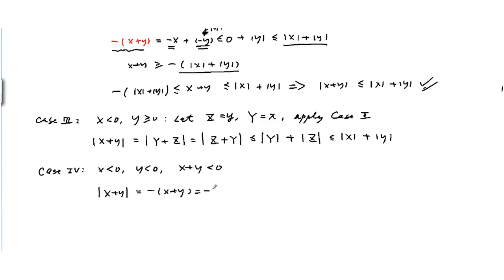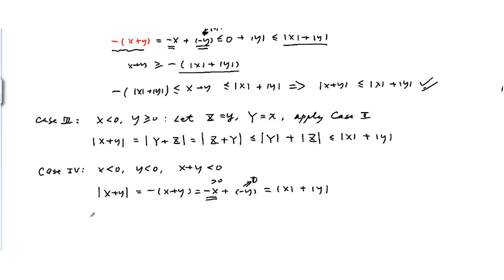By distribution, you have negative x plus negative y. Because x is less than 0, negative x is greater than 0, so this will be the absolute value of x. Similarly, this one is greater than 0, so it will be the absolute value of y as well. So case 4, you get the inequality.